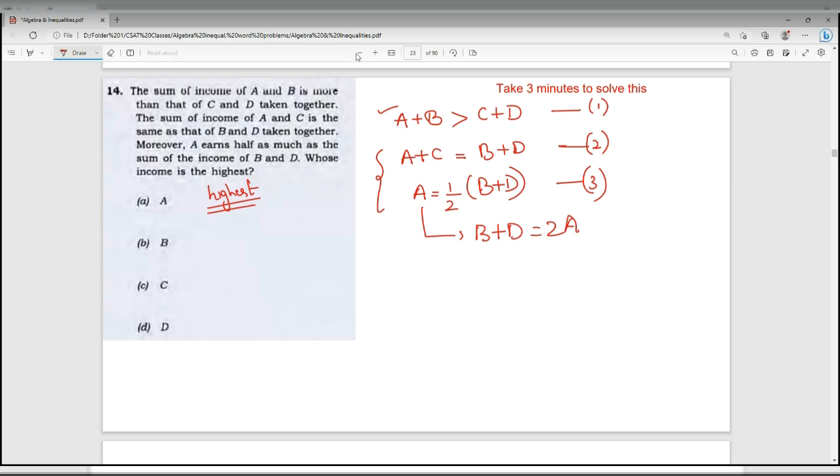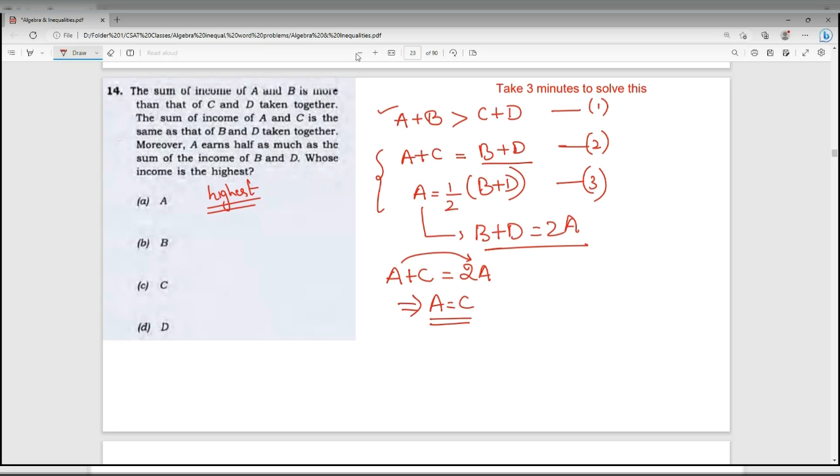I will substitute the value of B plus D in equation 2. So substituting, I get A plus C is equal to 2A. If I move this A here, A is equal to C.